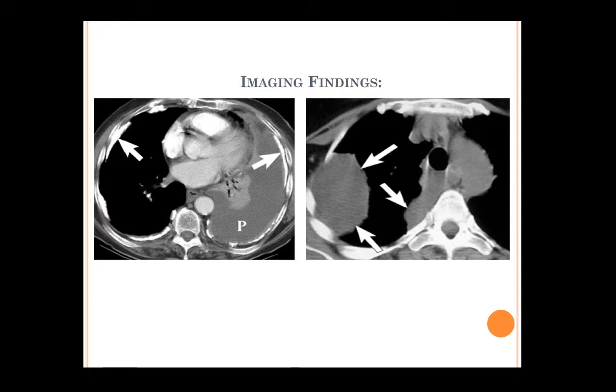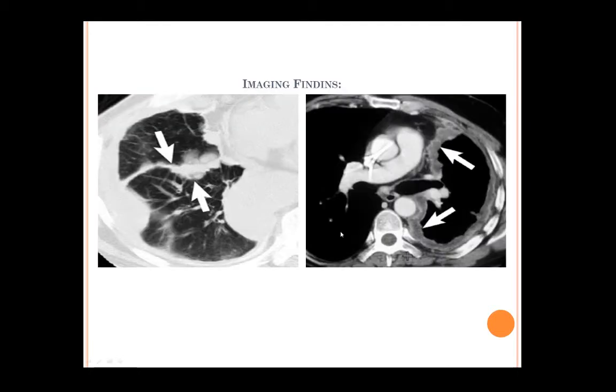Any concerning lesion on X-ray is followed up with CT scan. Again, on CT scan, it can appear as calcified pleural plaques or unilateral pleural effusions. Also, it can present as solid pleural masses. Sometimes it can present as interlobar fissure thickening or diffuse thickening of the pleura with encasing of the lung.